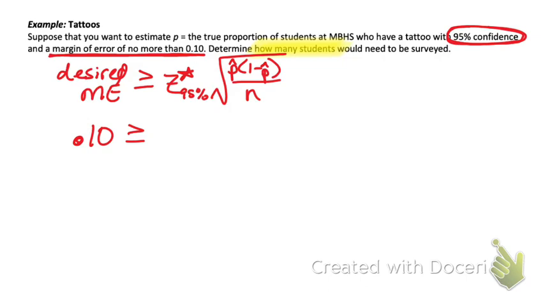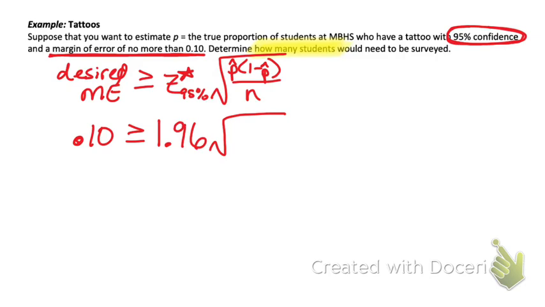Does anybody remember the z-star critical value for 95%? It's really close to 2 because of the 68, 95, 99.7 rule. It's 1.96. It's not exactly 2 because the 68, 95, 99.7 rule is an estimate. This is more exact.